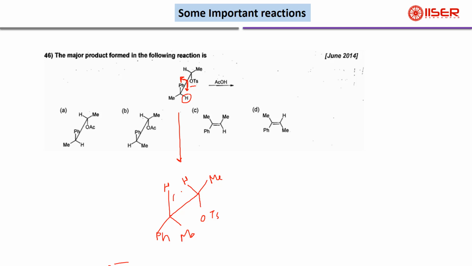Then it undergoes the elimination, giving a product where the H and the Ph are in the same plane, whereas the two methyls are in the same plane. So the correct option is option C. Correct option is option C.